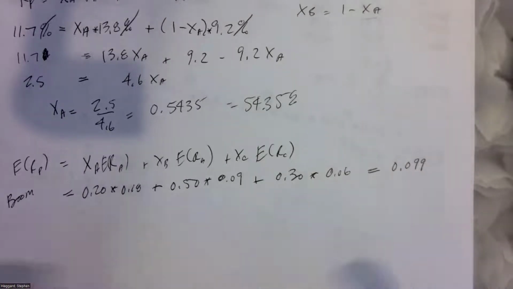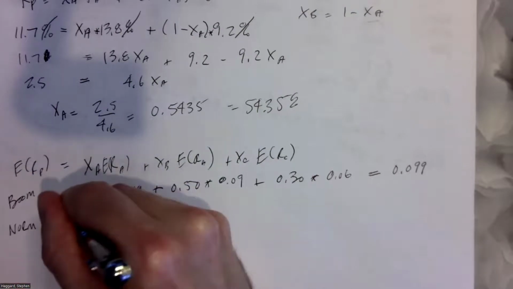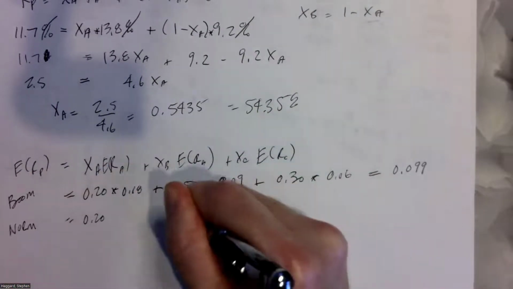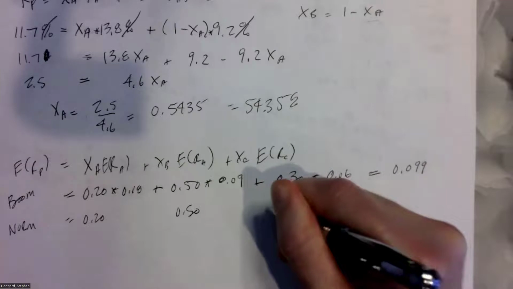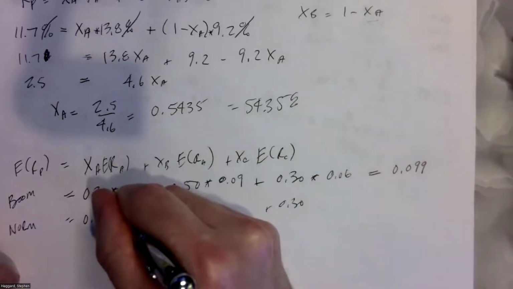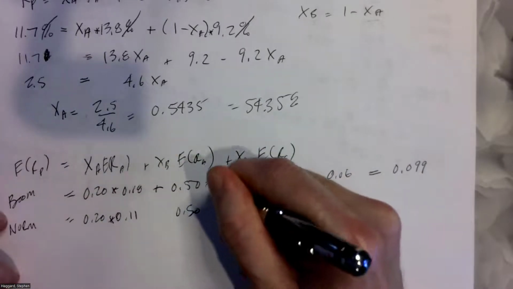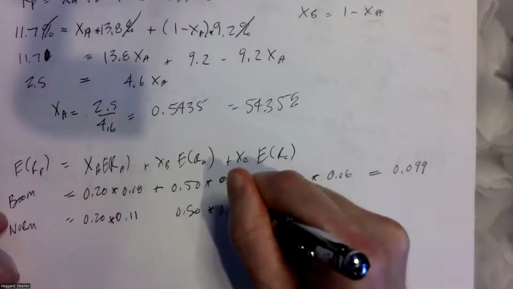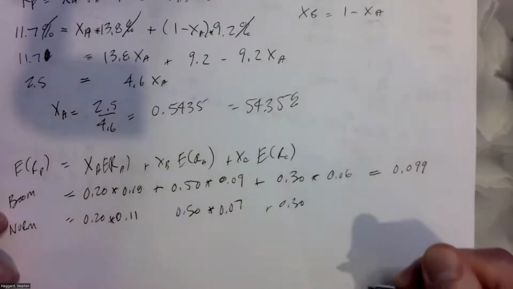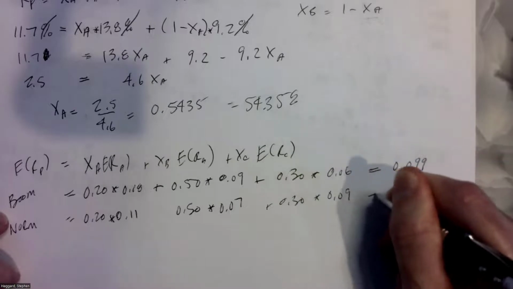Okay. Now, the next state of the economy was normal, and the weights are all the same, but the returns are different. And so this time we've got 0.11, 0.07, and 0.09.